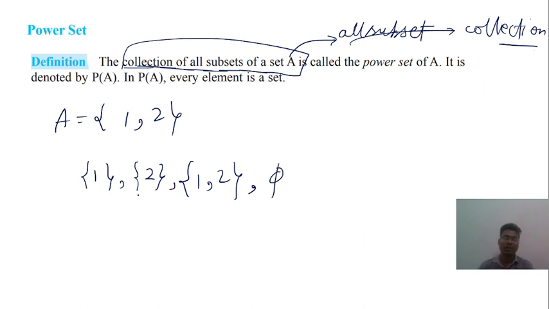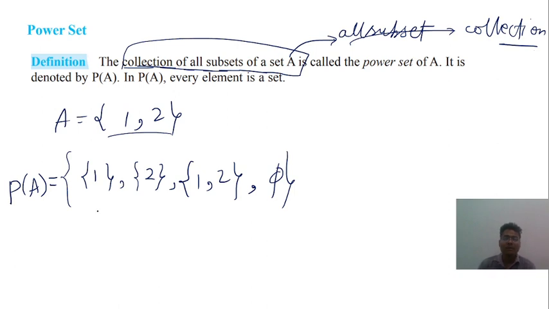That's how we make four subsets of the set. If we collect these sets in another set, then we say that it is the power set of A.